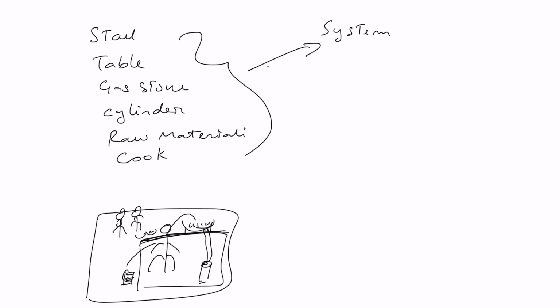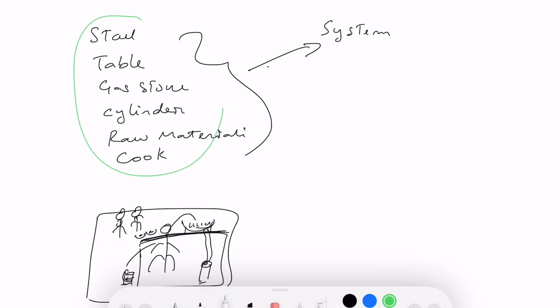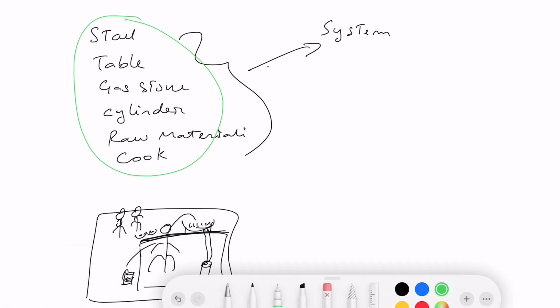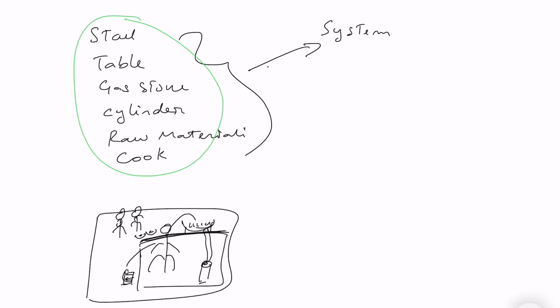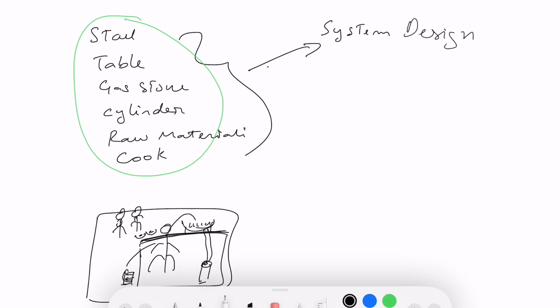Okay, this entire process, all these components working together, is called a design. So the components, along with the functioning of the components, interacting with each other, is what is called your system design.